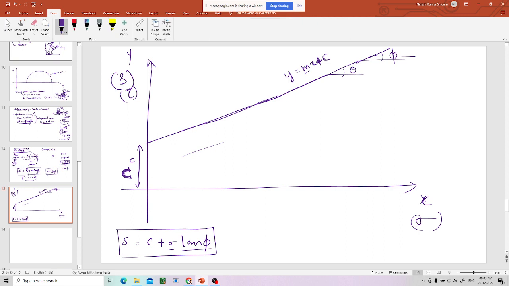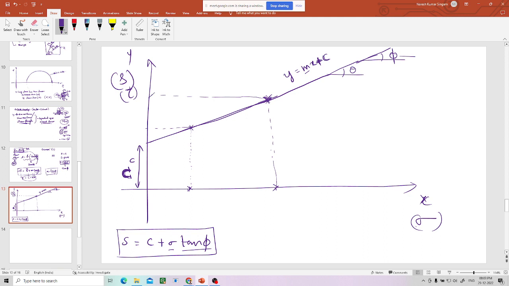So okay, now if you apply this much sigma, what is the corresponding shear strength? The corresponding shear strength will be this much. Like that, if you apply this much sigma on the soil sample, the corresponding shear strength will be this much. You need to apply this much shear stress to fail the soil.